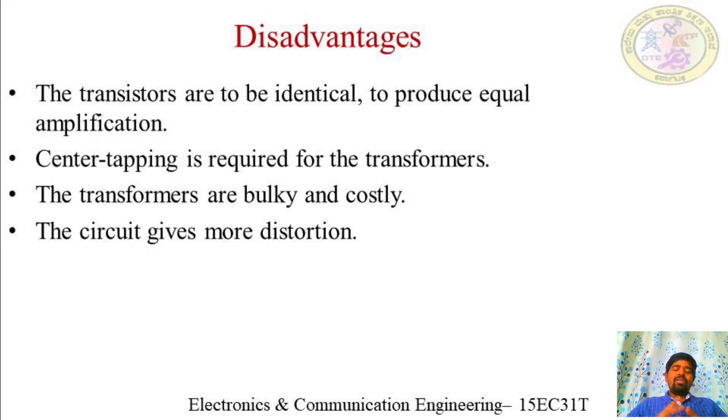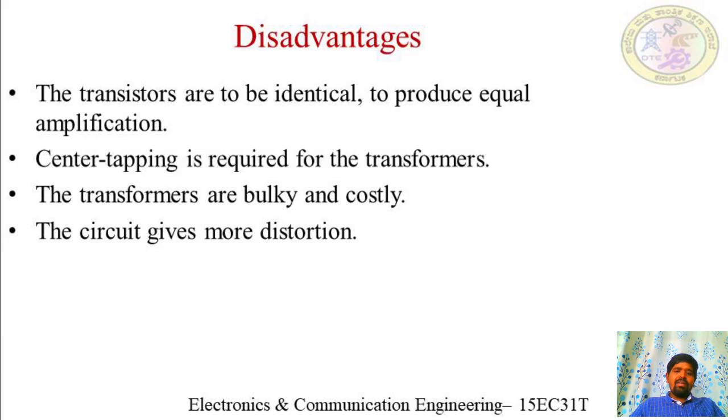So that's why the two transistors should be identical, and center tapping is required for the transformer, because the input signal we have to split into two signals with 180 degree phase shift. And because of the usage of transformers, they are bulky and costly, and the circuit gives more distortion and so on.